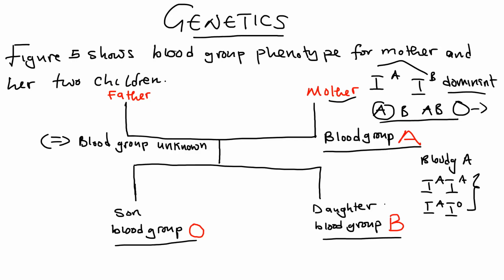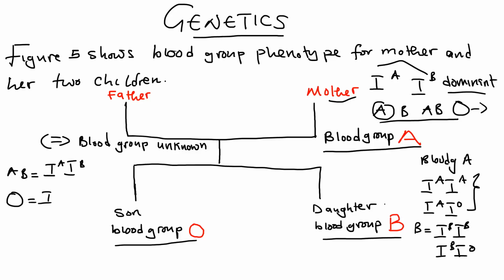For blood group B, the possible genotypes are BB and BO. For blood group AB, the genotype is AB, because A and B are both dominant, so here they are fully expressed. Then for blood group O, the genotype is just OO, as you know, it is recessive. This information is very important as we start answering the questions.